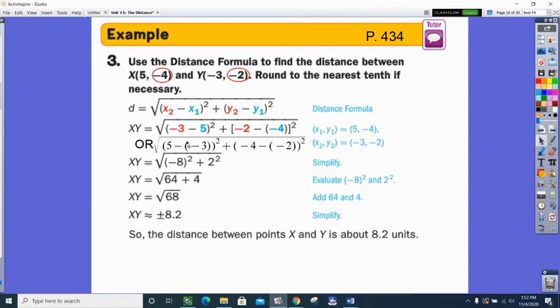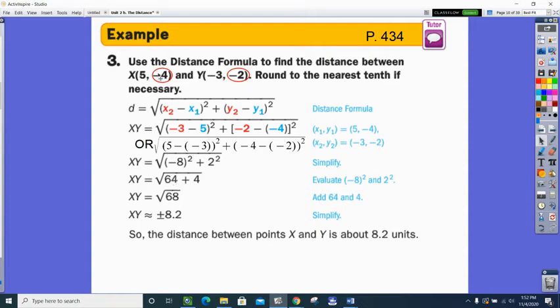Now, I want to go back and just remind you that they started the subtraction with a negative 3. What if we went the other way? What if I had started with the 5 minus a negative 3? Think what the answer is. Check it in the calculator, and you're going to see a positive 8. But when you take a positive 8 and square it, you're going to get the 64. 8 times 8.